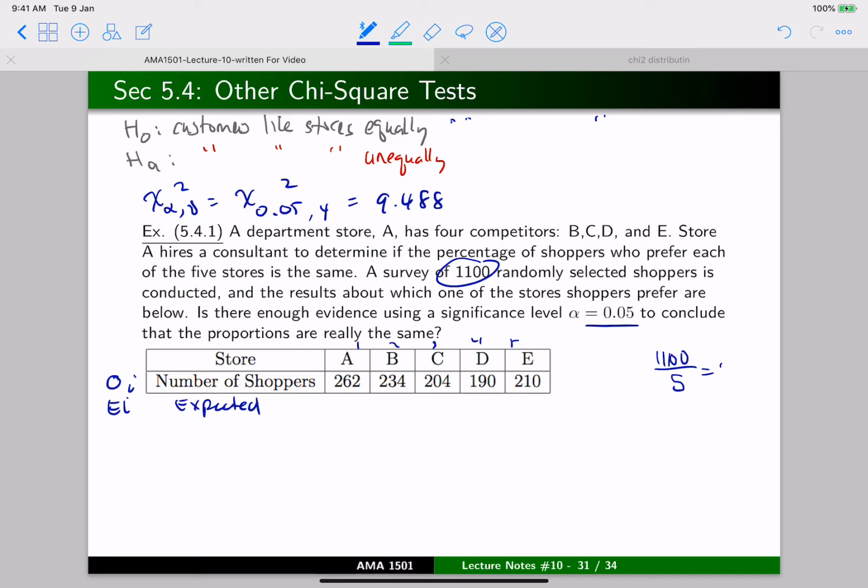So expected is 220, because we expect the customers to like the stores equally.